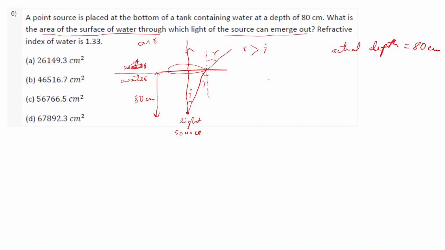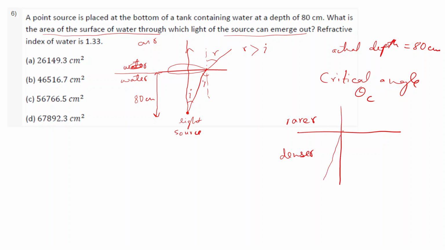So here we need to understand something called the critical angle. We denote it by theta c. What we mean by critical angle is, when a ray of light is moving from a denser medium to a rarer medium, this is my angle of incidence, and since it's moving to a rarer medium, it will move away from the normal.